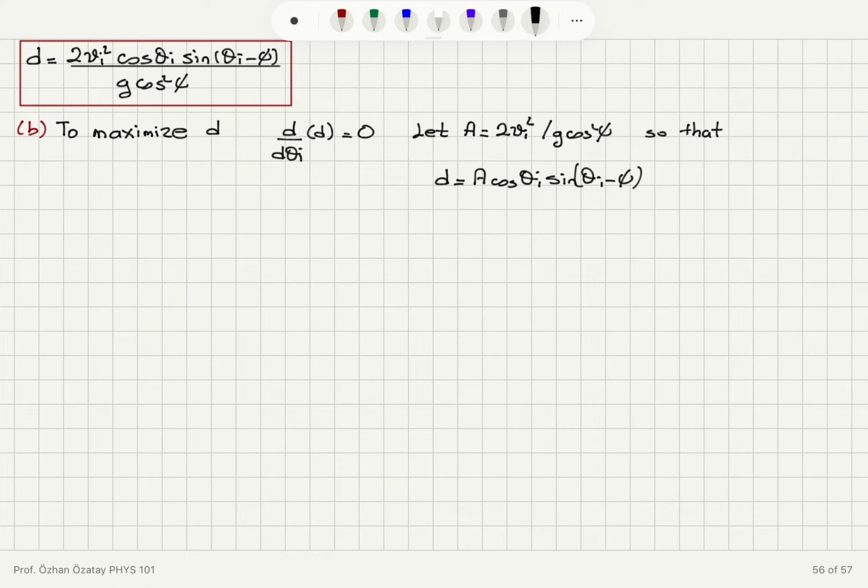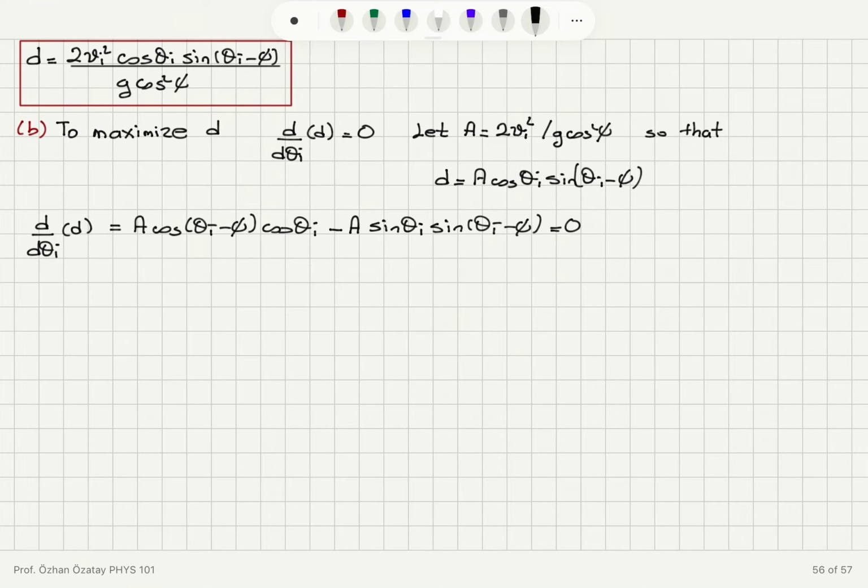And I take the derivative of d with respect to theta initial. So first term, I will have sine turning into a cosine, a cosine theta initial minus phi cosine theta initial, and the derivative of cosine becomes a sine, so minus a sine theta initial sine theta initial minus phi must be equal to 0.